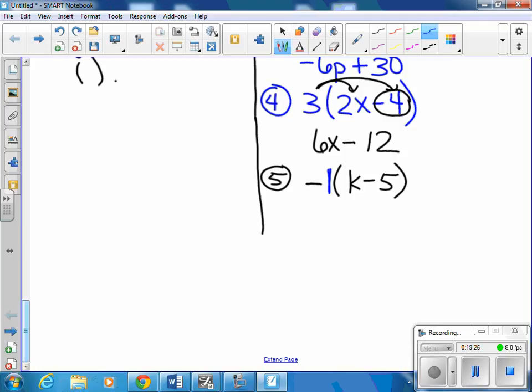That's what you're going to distribute. Okay, so now we want to take -1 times k, which is -1k, or you can just make it invisible like I did. Okay, and then this is a -5 right here, so this is -1 times -5, which turns it into a +5. Okay, so that is the same thing there. Okay, so be careful with those invisible numbers. Don't forget about them. But then make sure that you are multiplying in your distributive property.